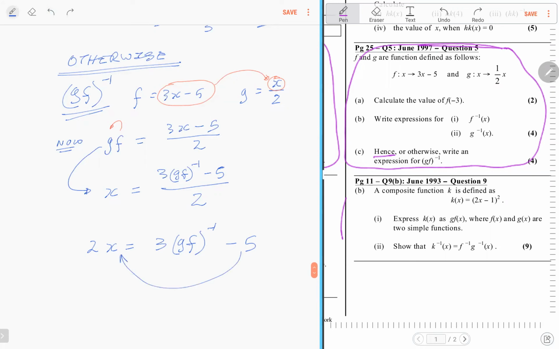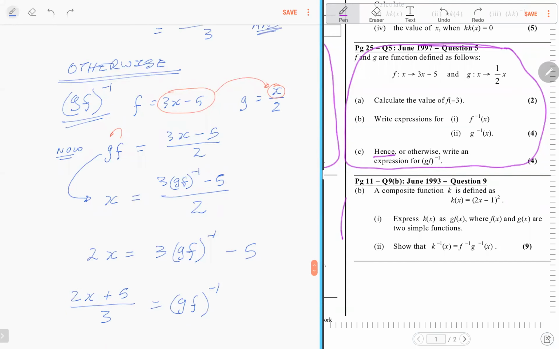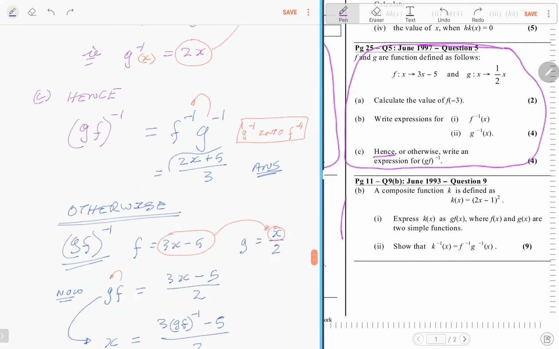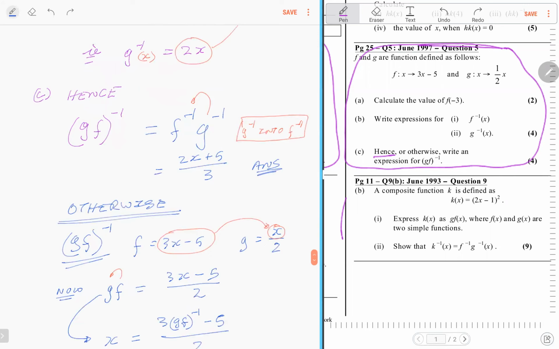So it becomes (2x plus 5) divided by 3. That leaves us with (gf)^-1, and you see that is the same thing we got up there, 2x plus 5 over 3. That will be the otherwise method.